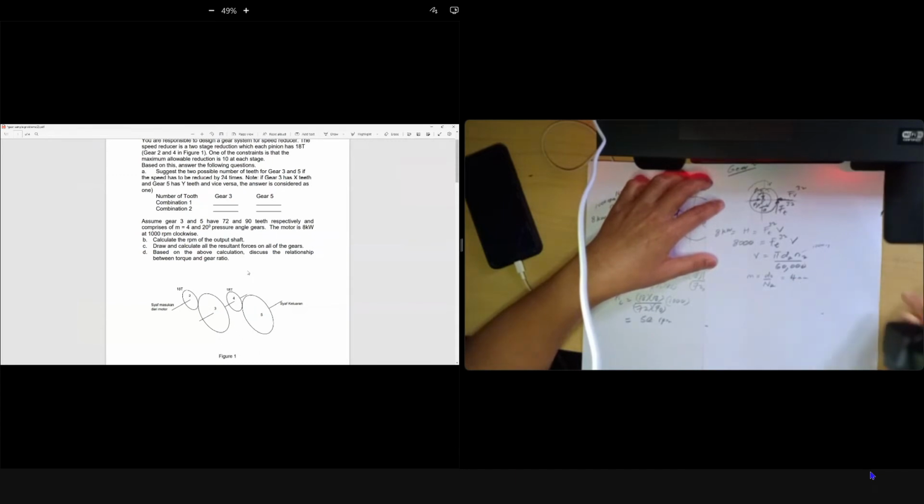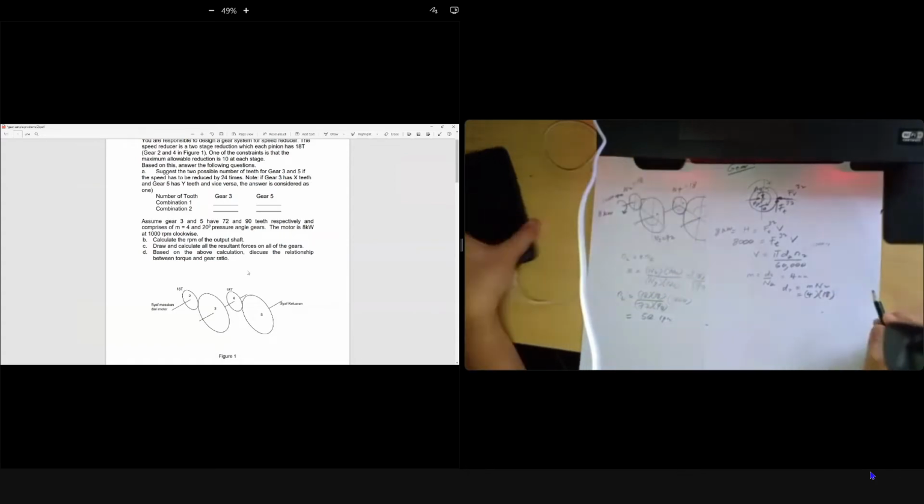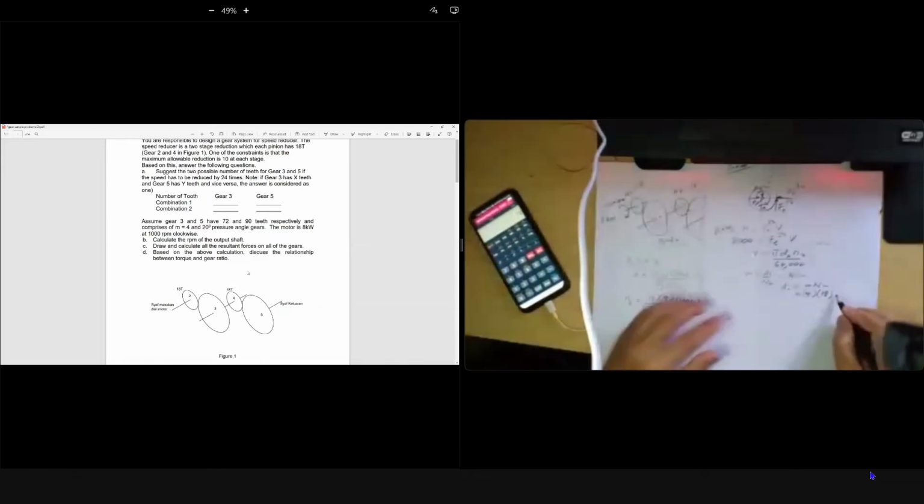So your diameter 2 is module times N2, so 4 times the number of teeth of gear 2, which is 18. 18 times 4 is 72. So diameter 2 is 72 mm.